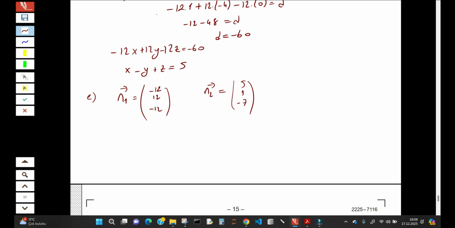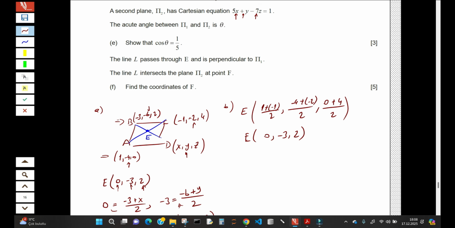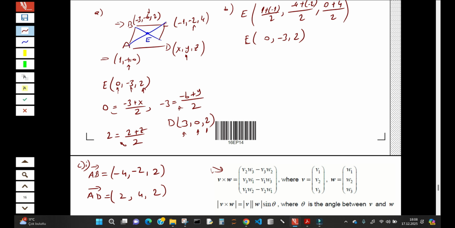If you want to write the scalar product of these two vectors, it's going to be n1 dot n2 equals modulus n1 and modulus n2 times cosine theta. We are looking for cosine theta.